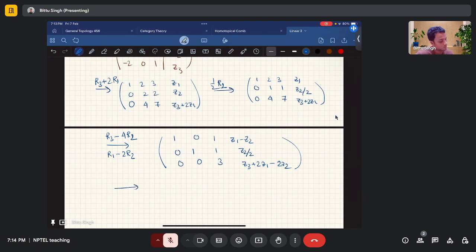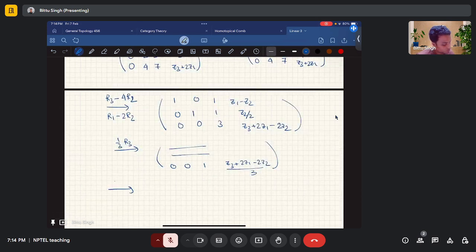Now we can easily see that this is almost done. So 1/3 of R3. Those rows are the same, but this is 0, 0, 1, and this is Z3 plus 2Z1 minus 2Z2 by 3.